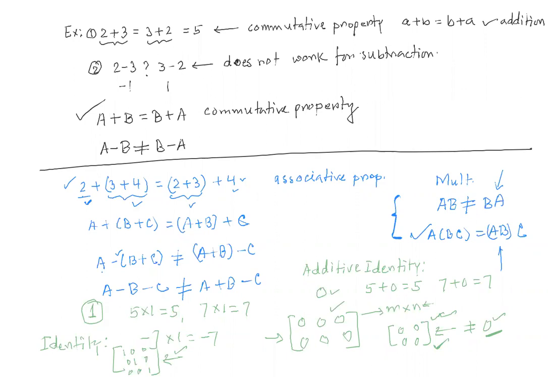Now, there is something called additive inverse. What is an additive inverse? If I give you 5, the additive inverse of 5 is -5, because 5 plus -5 is 0.